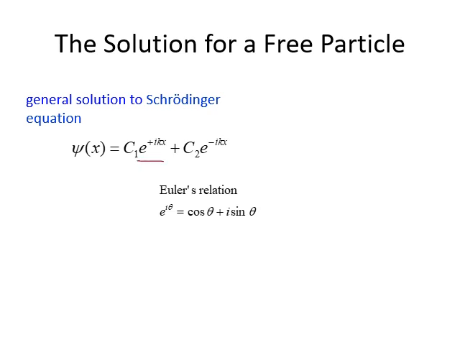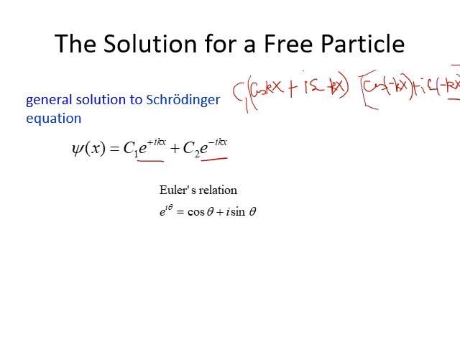So e to the i kx equals cosine kx plus i sine kx, times C1, and e to the negative i kx equals cosine negative kx plus i sine negative kx, and you have a C2 here.